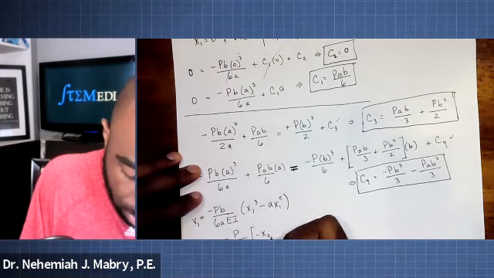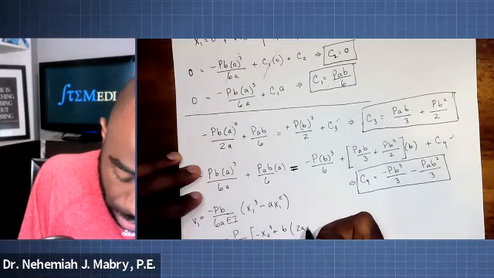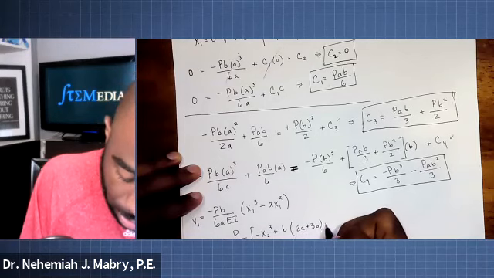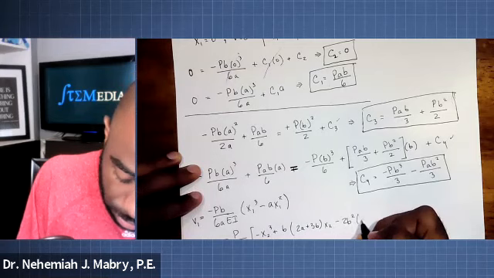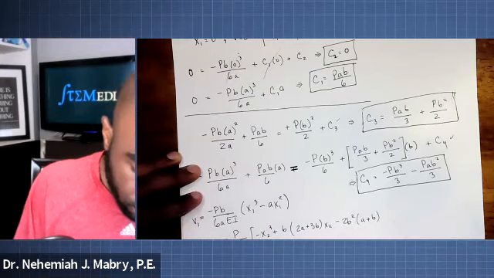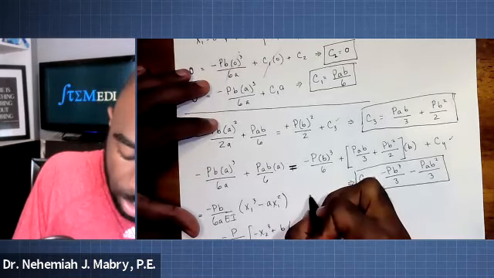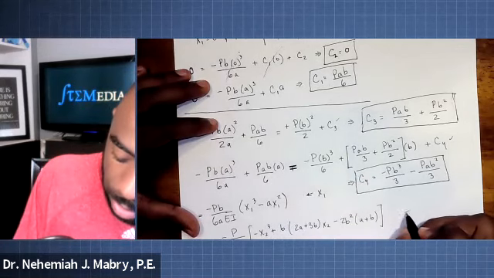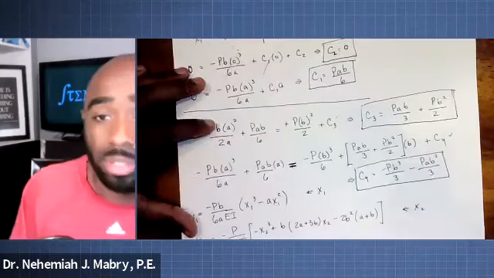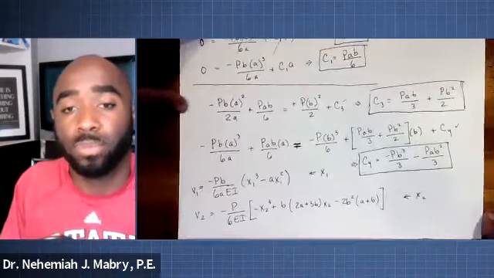Times negative x2 cubed plus B times 2A plus 3B x2 minus 2B squared times A plus B. This one is from the left side, where we dealt with x1. And this one is from the right side, where we dealt with x2. These are our official answers in simplified form.